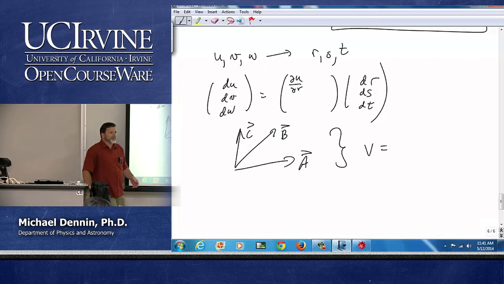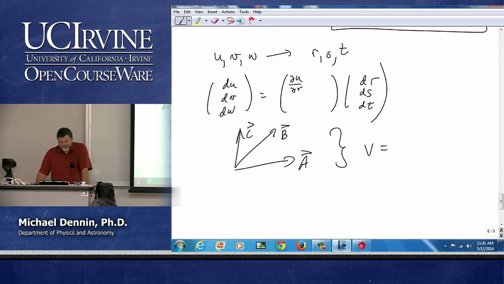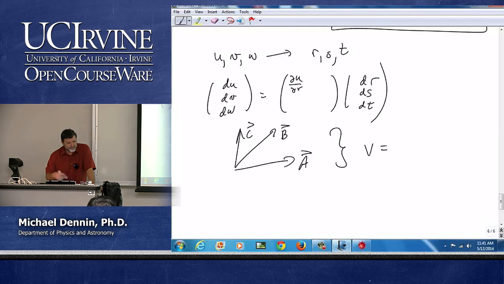That parallelepiped. We did that way back at the beginning of vector spaces. The cross product times. There was a cross product in there times, well, is volume a scalar or a vector? It's a scalar. So if I want to get a scalar out of vectors, I somewhere need to do a dot product. So let's do A dot B cross C.